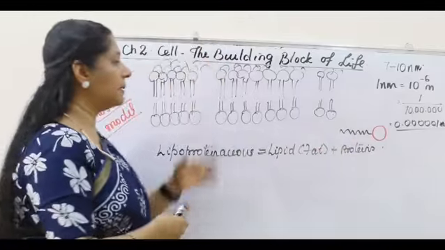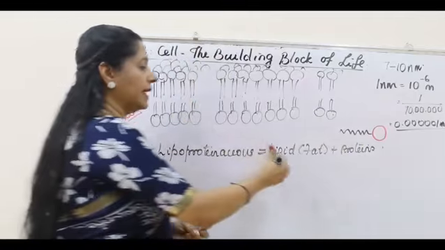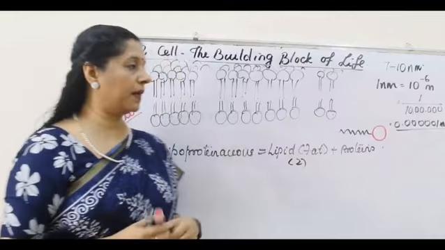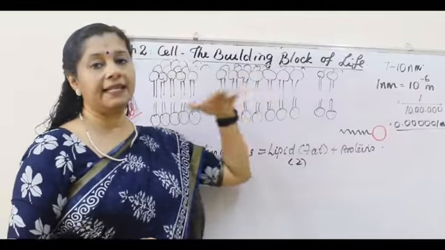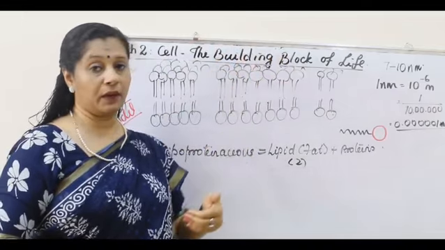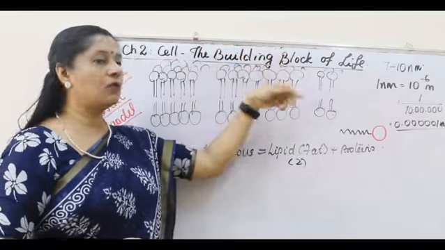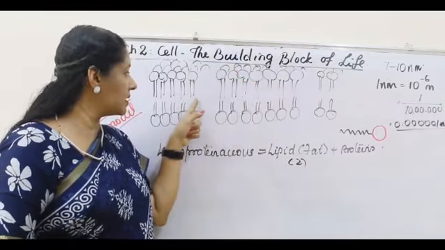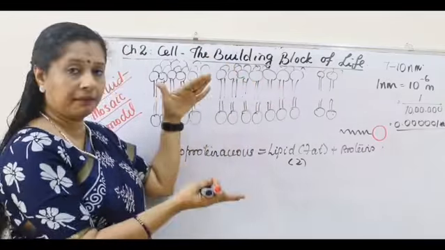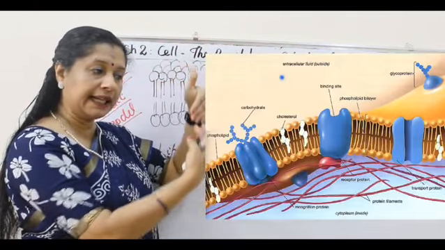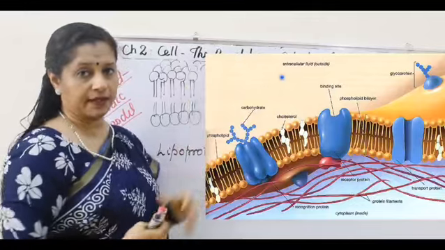So when the lipids are arranged, there are two layers of lipids, and these two layers are arranged in such a way that the water loving head is towards the outside and the water hating tail is away from water, because we know outside, water may be there. So it does not like water, so it is kept inside. So both the layers are keeping their hydrophobic or water hating tails inwards and the heads outside.